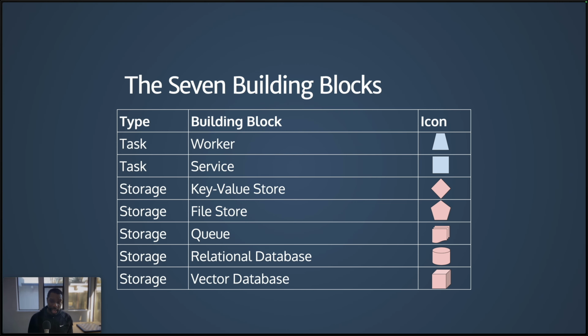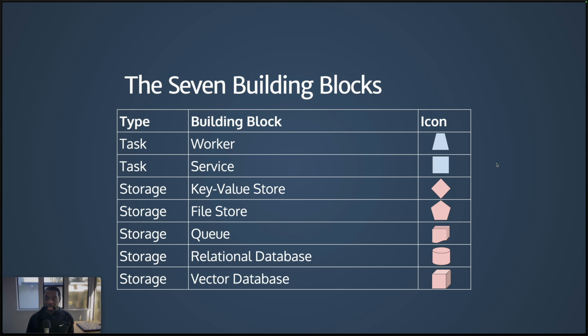Whereas for the last 5, the primary use is to store data. You're going to see some storage units in task types and some task units in storage types, and we will talk about that in a little bit. But just have this concept of why we have this differentiation.